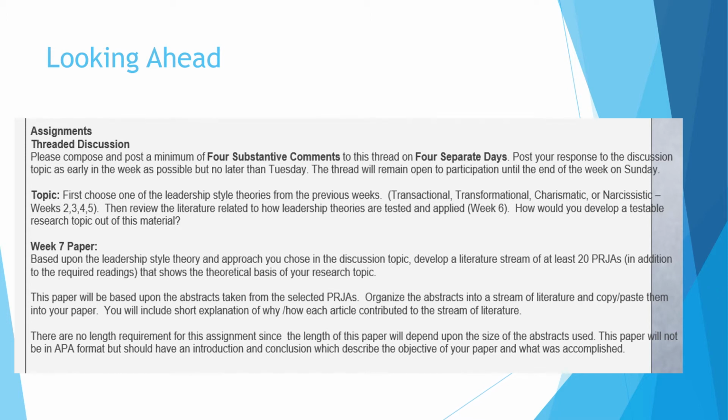If this doesn't quite make sense, I would suggest you go back and look at the video where I talked about literature streams and how you go from a body of literature down to a narrower stream of literature that picks up on a particular point that you plan to use. Okay, so this may again spur some questions about what exactly I'm looking for. So again, ask me, send me an email, put it in Ask Questions if there are any questions about how this is supposed to be developed.